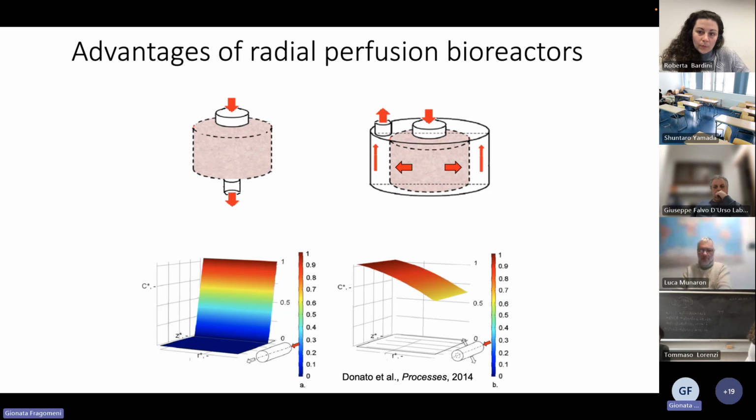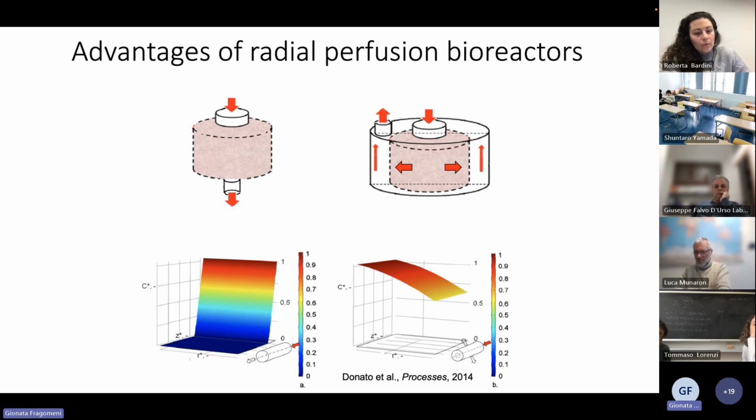We have simulated both hollow fiber and radial bioreactors. Why are radial bioreactors better than hollow fiber?